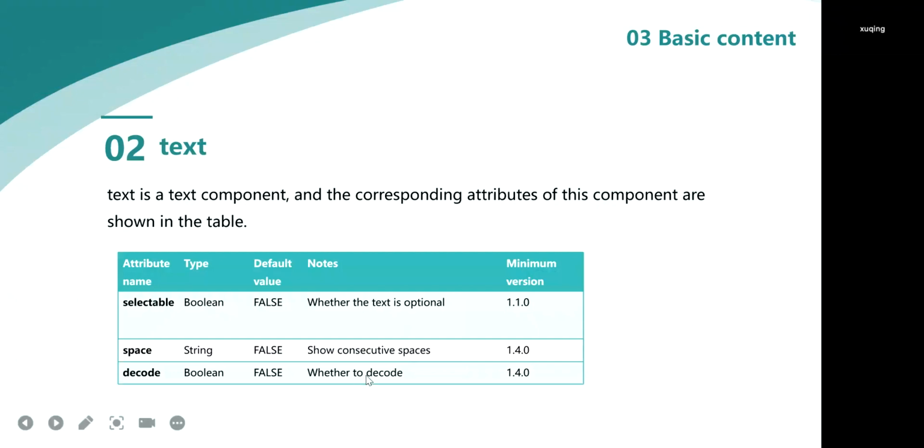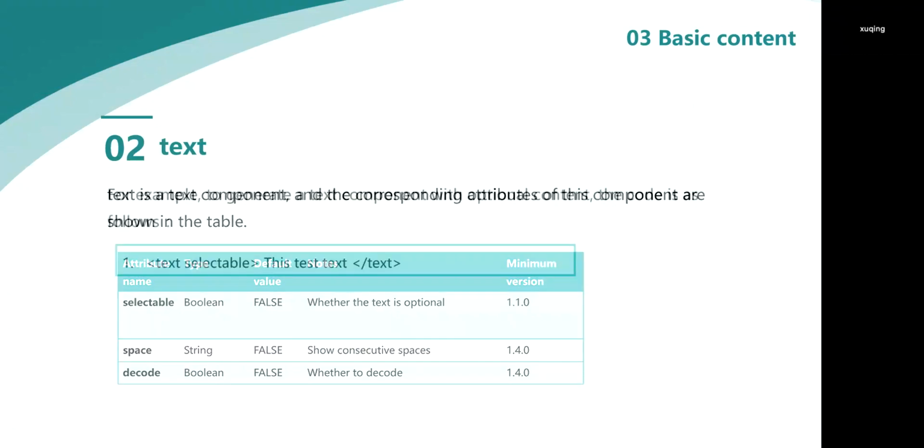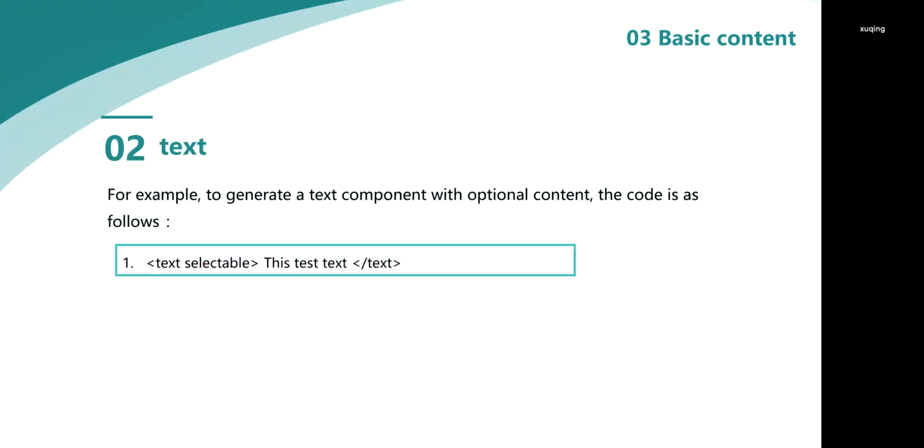Space is to show consecutive spaces, and decode is whether to decode or not. For example, to generate a text component with selectable content, we can use this code.